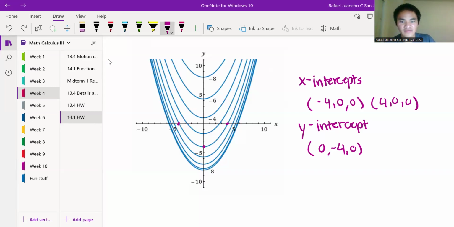Wait, let me just draw it. Negative 10 to 8, or the other one was negative 8 to 10.